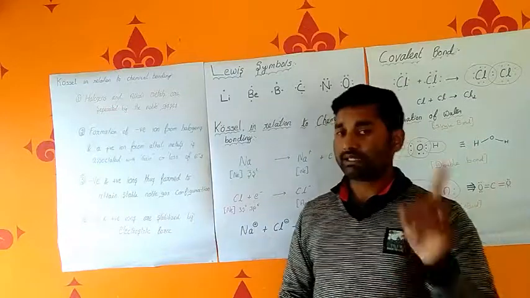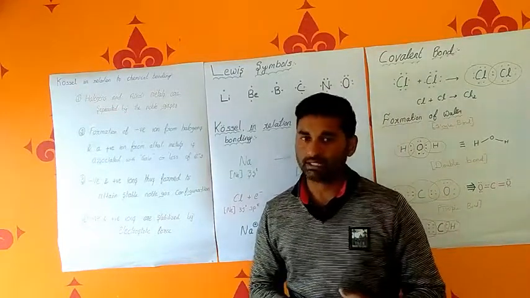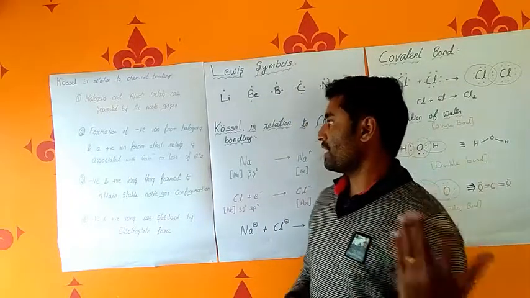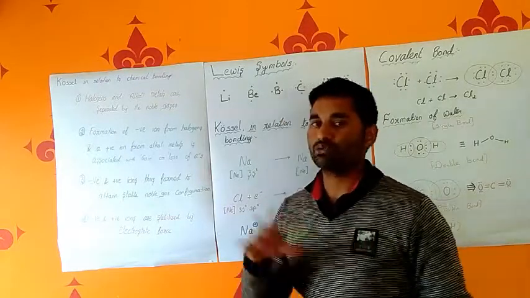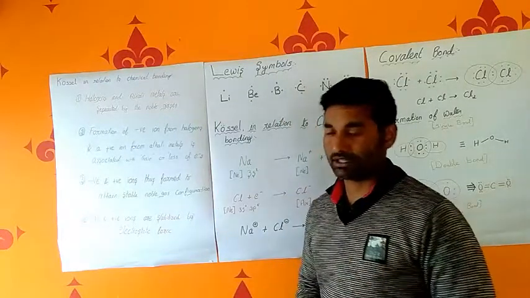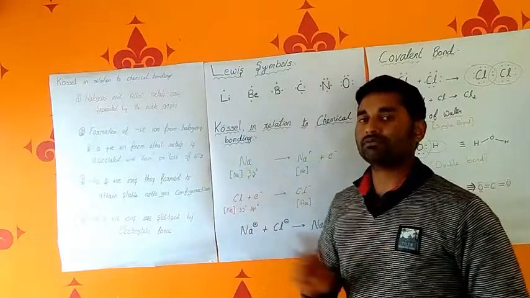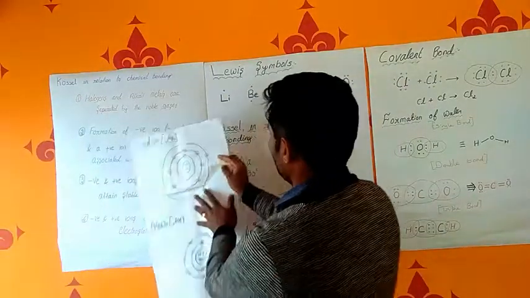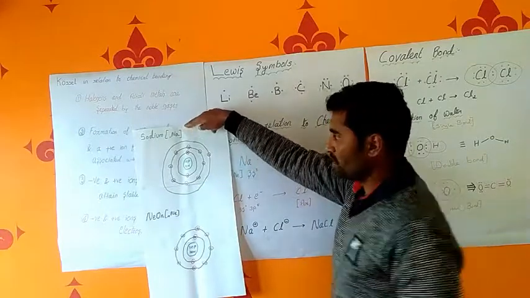Second postulate: formation of negative ions from halogens and positive ions from alkali metals is associated with gain or loss of electrons. See, look at this picture. Here the atomic number of sodium is 11, because in the previous chart we have seen, no?